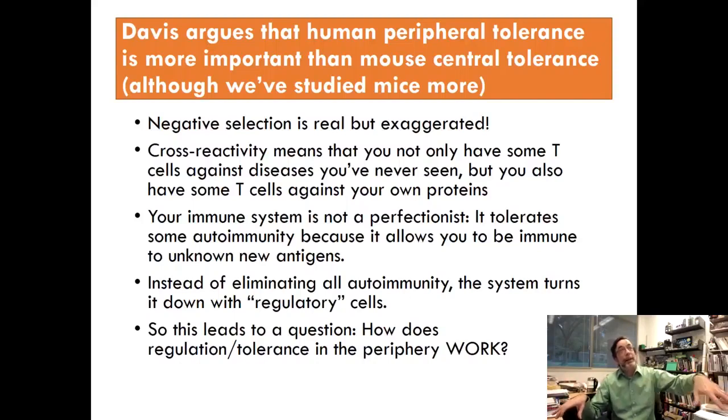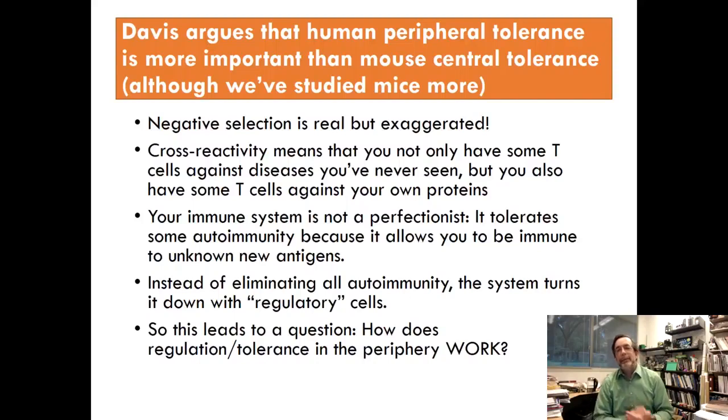It's better because at least you live to react against the self-antigen, right? So instead of eliminating all autoimmunity, the system doesn't turn up negative selection. Instead, it turns up the regulatory peripheral equivalent of negative selection, editing down the peripheral T cells.